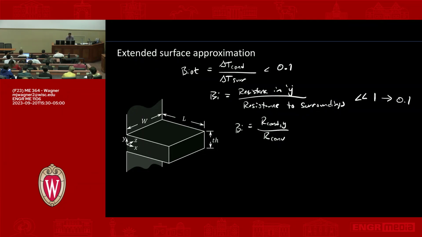So let's start with our conduction in Y. Remember the conduction resistance for a plane wall is thickness over K times A_C, the cross-sectional area that's available. If we're thinking about conduction resistance in the Y direction, we're not talking about conduction resistance down the length of the fin, it's in the Y direction.